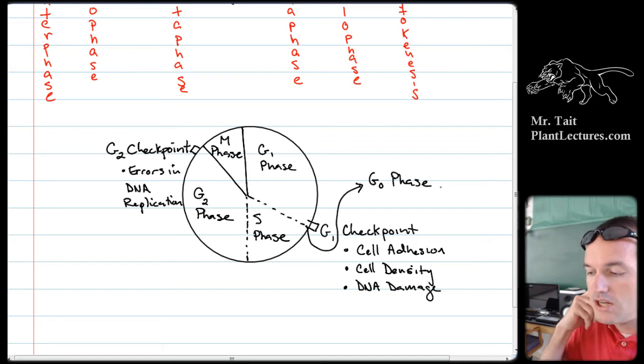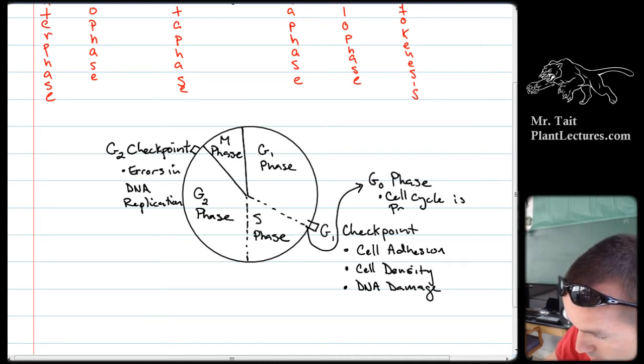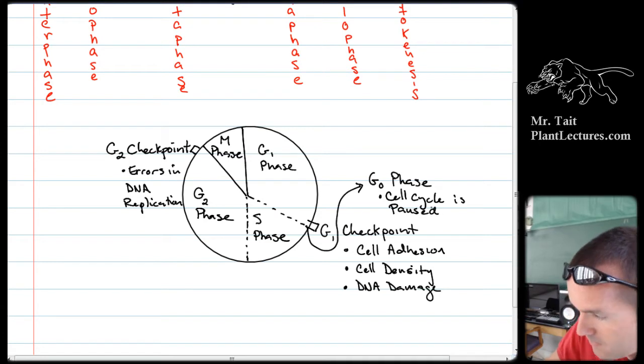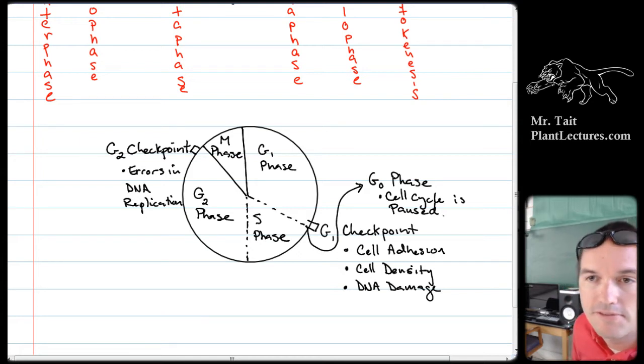Okay? And in G0 phase, it is like a pause button. The cell cycle is paused. Okay? It can be unpaused if the situation is correct, but it will not move on until something happens to make it move on. Okay?